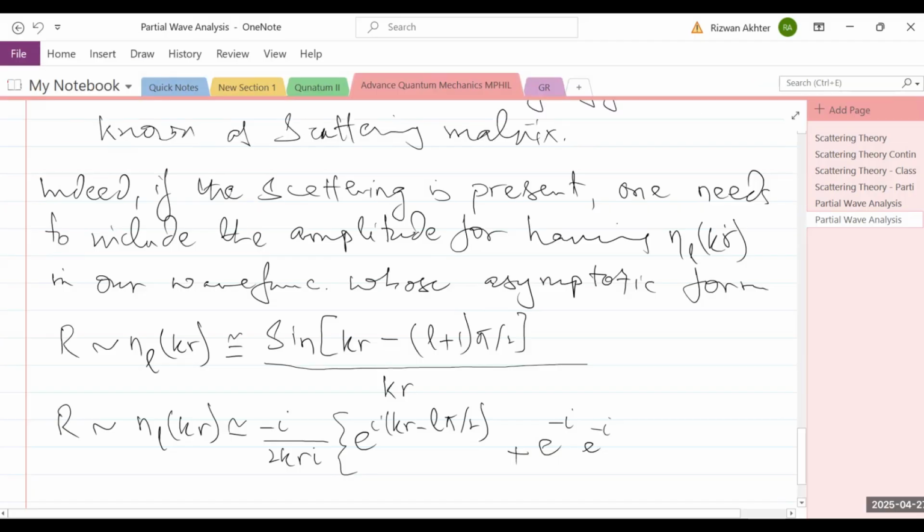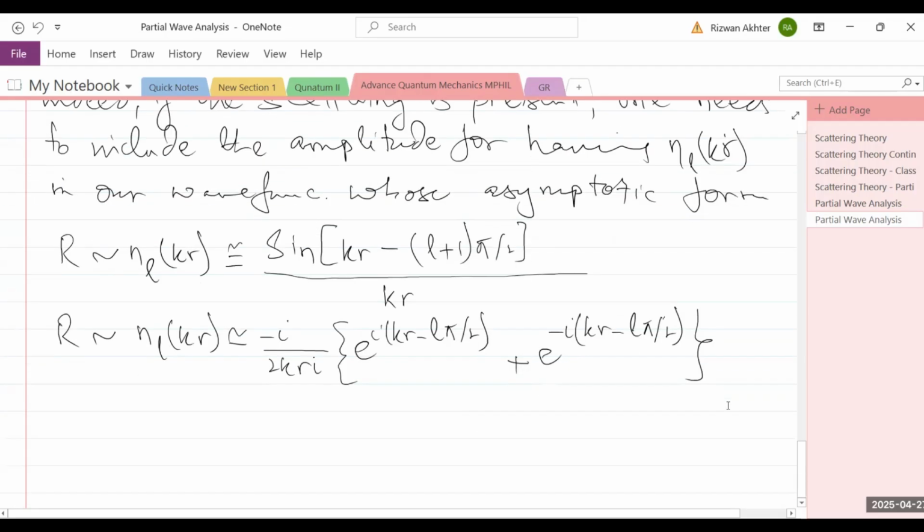So this is times kr, which is kr minus l pi/2. Yeah. So this is in fact the equation जो हमारे पास आ रही है for the other case.